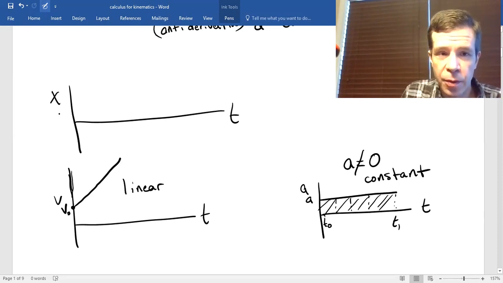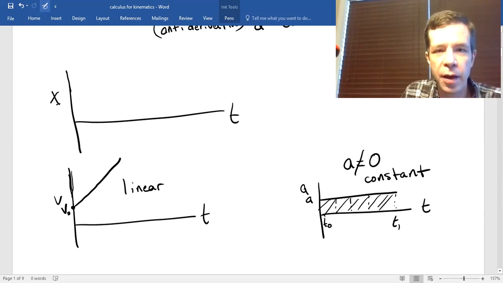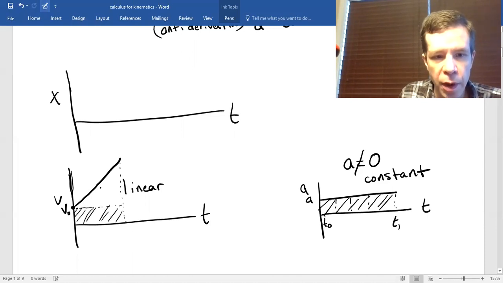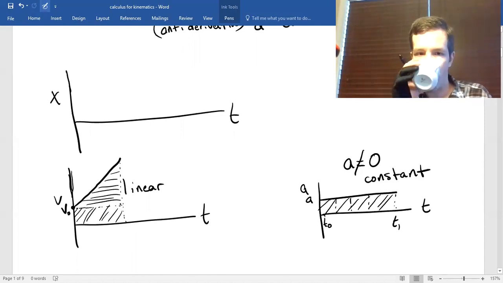All right, so now we get to the difficult part. How do we get our x graph from our v graph? Well, if we were to look at integrating this, you see that you have two distinct regions in this graph. We have this rectangular region and we have this triangular region. And we know how to find the area under the rectangle really easily.